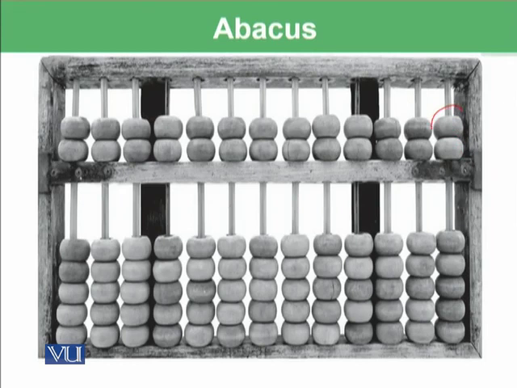For example, this is called one bead, and each bead represents a number. The lower beads represent 1 to 5 and the upper beads represent 5. So if you want to represent 3, you need to move 3 beads upward. So this was one of the early concepts of storing data.